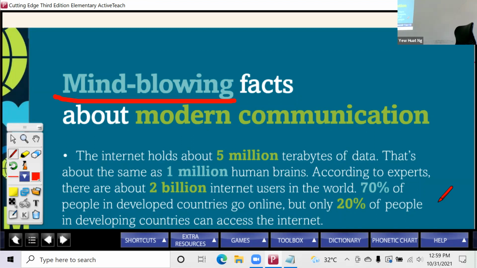So it's not on WeChat because the culture is different. WeChat is more for the Chinese, WhatsApp is for the whole world. So mind-blowing means you learn something that you cannot believe is true, but it's true.